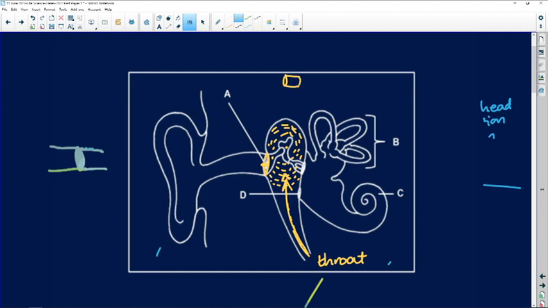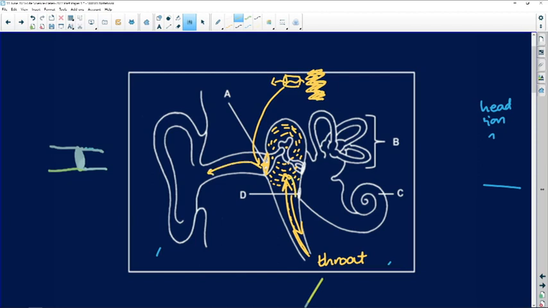So, the child has a very light anesthetic to put them gently to sleep, and the grommet is inserted into the eardrum. And look what it does. It provides a passageway that is not the eustachian tube for liquid and pus to drain out of the middle ear.